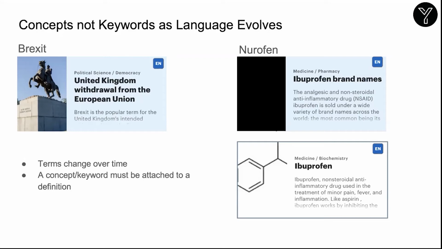So in our system, if you search for Brexit or you search for UK withdrawal from the European Union, you would get the same results, because both of these are actually linked to the concept that is the UK withdrawal from the European Union. On the other side, we also have another typical example where we have multiple names for a drug. So ibuprofen is a very common drug here in the US, but in the UK it's called Nurofen.